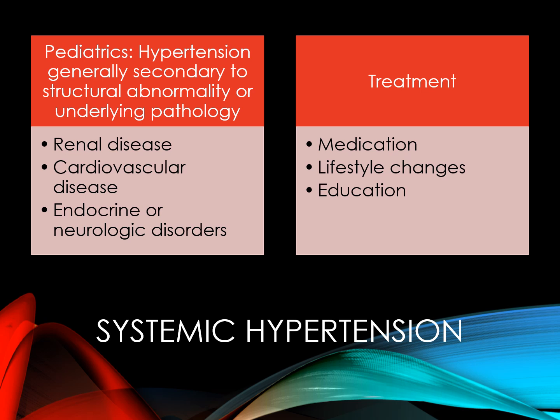Again, pediatric hypertension is not acquired like adults have. It's usually secondary to structural abnormality or underlying pathophysiology: renal disease, cardiac, endocrine, or neurological disorders. So if you have hypertension in pediatrics, it's not normal. Again, if you have a high blood pressure at clinic, you need to make sure that you address the reasons behind that hypertension.